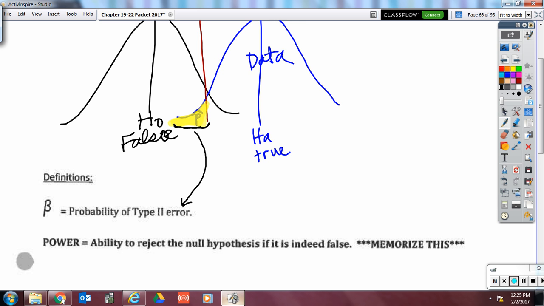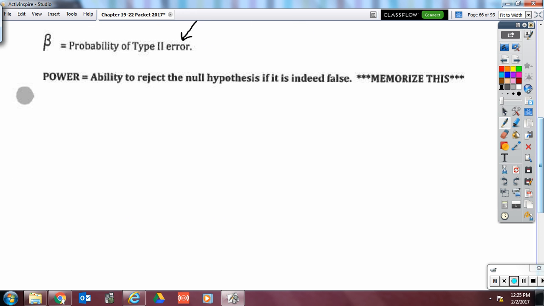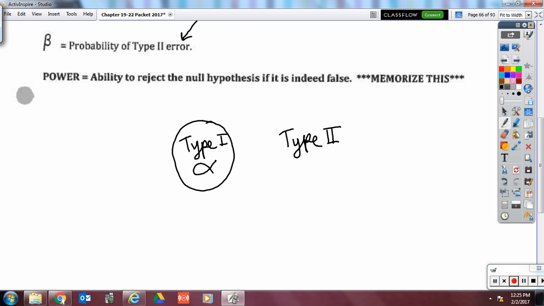So we're going to come down here and start a little visual aid of all the connections that we're going to be making today. The first one is the probability of a type 1 error, which is alpha, and the probability of a type 2 error, which is beta.